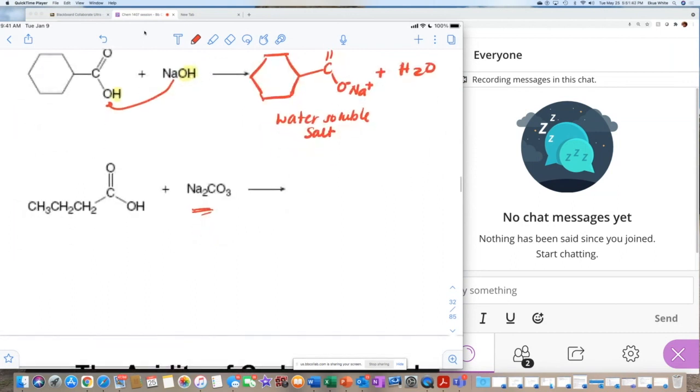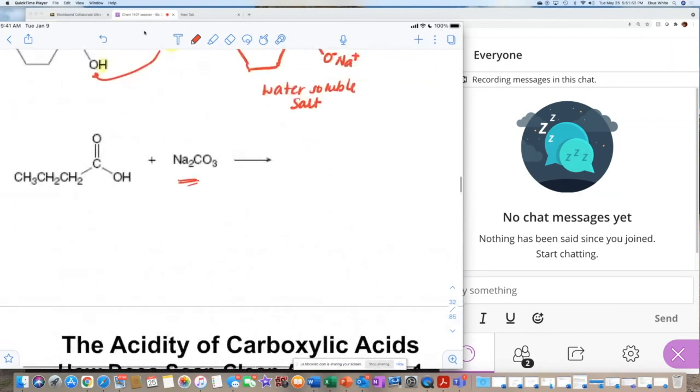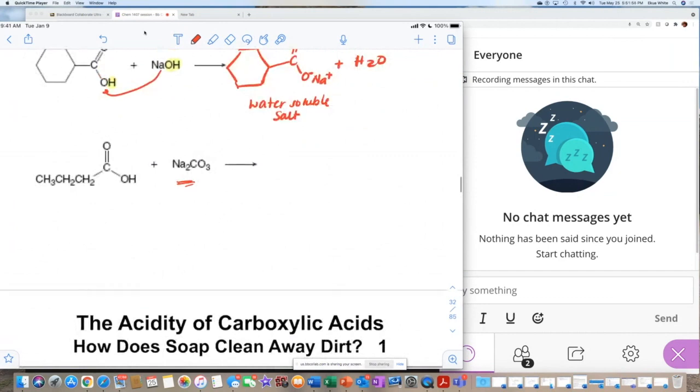Okay, now with this one here, we have a similar scenario, but it gets a little bit more complicated. Let me see, do we have any other questions? I'll work on this one real quick. Same thing here. You have CH3, CH2, CH2, C double bond O. And so we have one site here for our sodium to go and attach to.